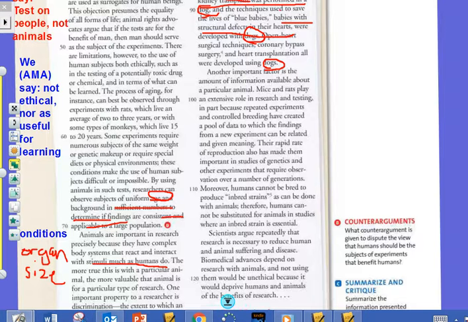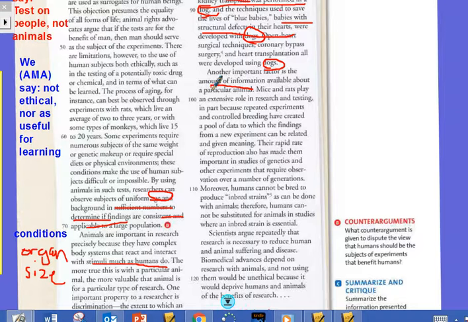Okay, another important factor is the amount of information available about a particular animal. So the first thing is called discrimination, what's useful about the animal. And the second one is the amount of information we already have.